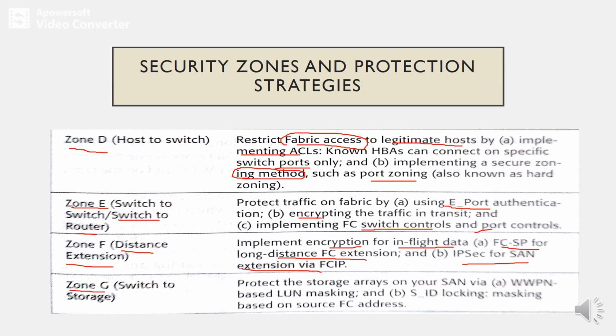The last zone is zone G, switch to storage. Protect the storage array on your SAN via WWPN-based LUN masking or SID locking as well as masking based on the source FC address. These are the different strategies we can implement zone-wise in order to protect the data.